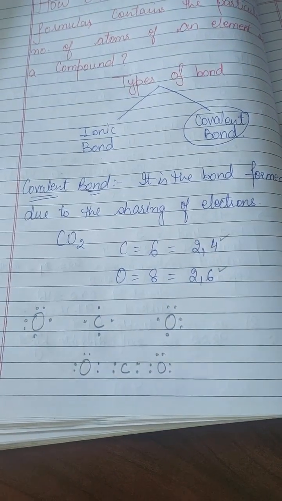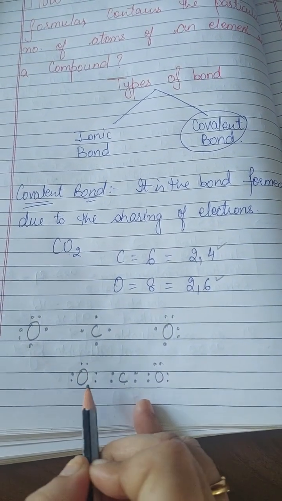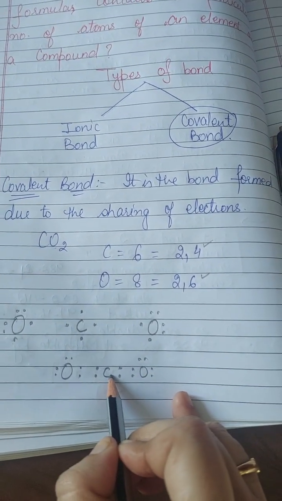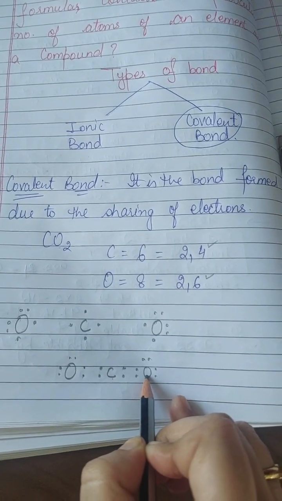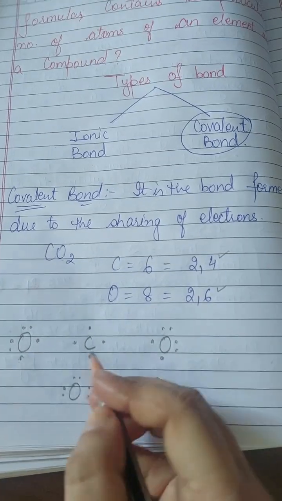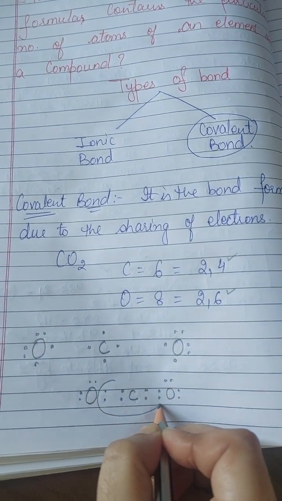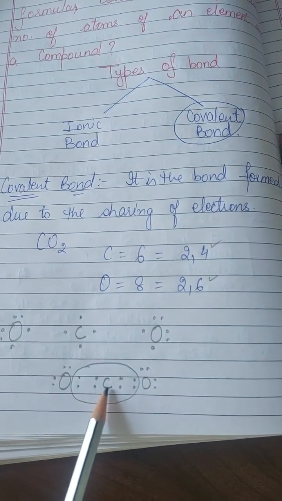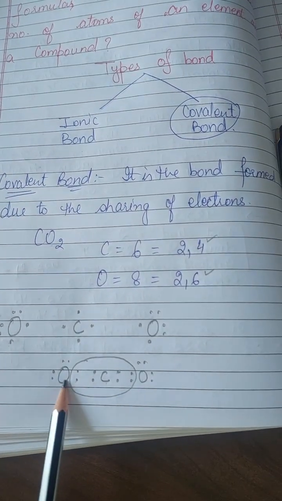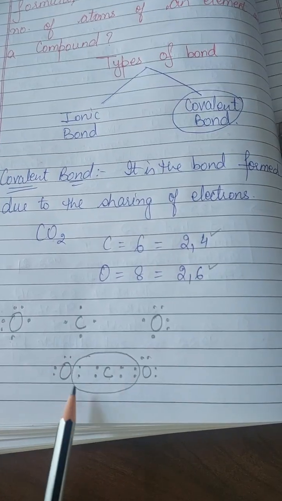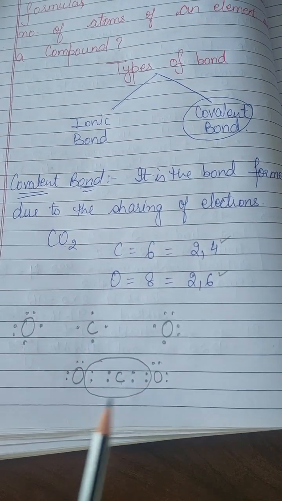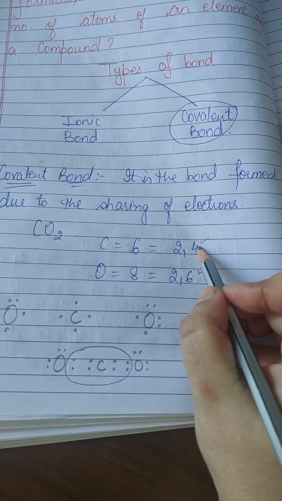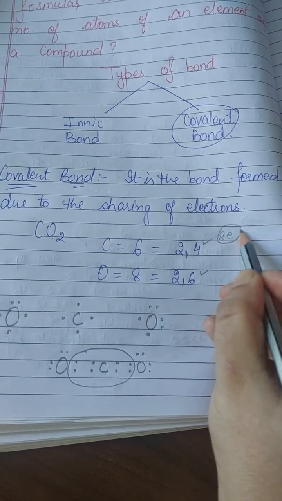Now, this carbon uses this oxygen's 2 electrons, and this carbon also uses the other oxygen's 2 electrons. So we can make a circle in which carbon uses both oxygens' 2 electrons so that it can complete its outermost shell with 8 electrons.